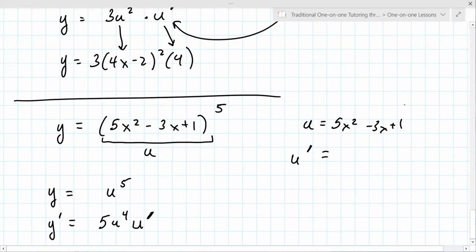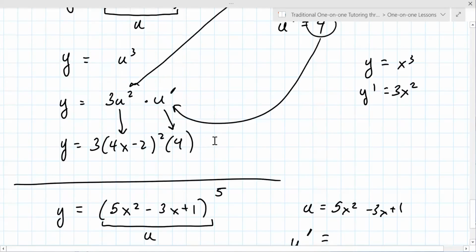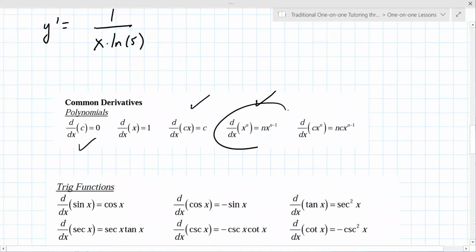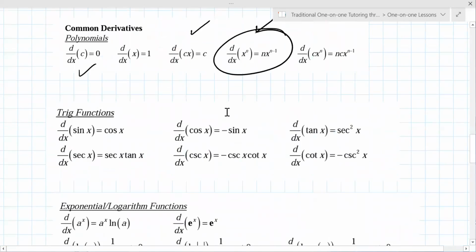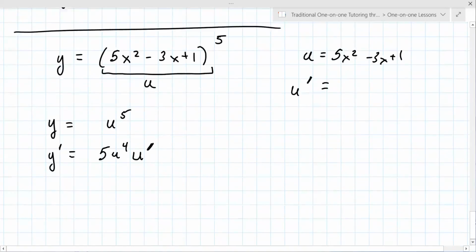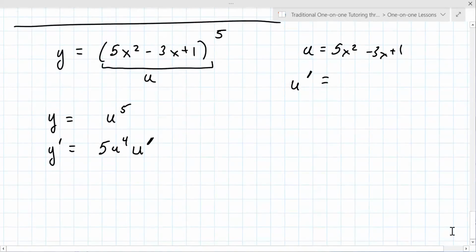Wait, why did you put 5u? Because that's the derivative. So if you go back up, that's this one. So you take 5, you put it here, then u. So what is u prime? 10x minus 3.